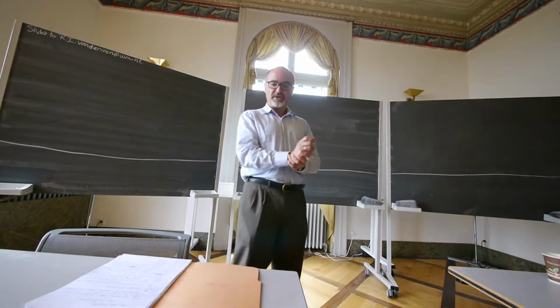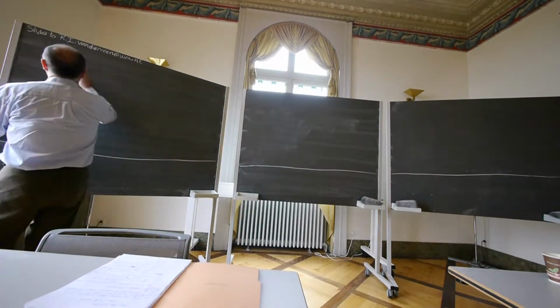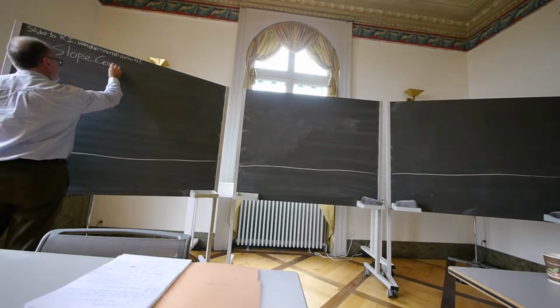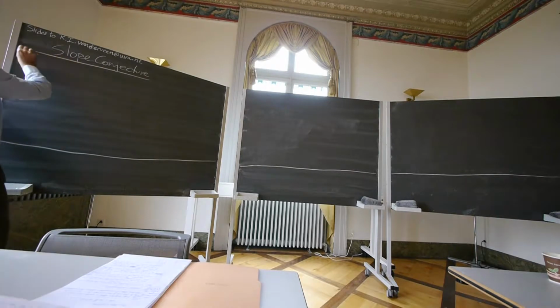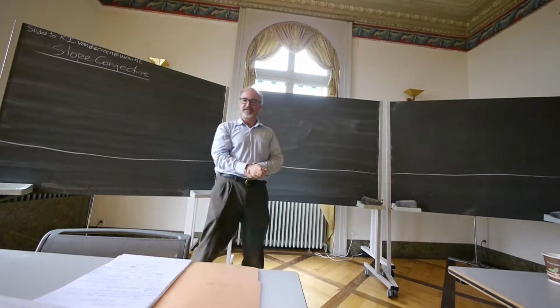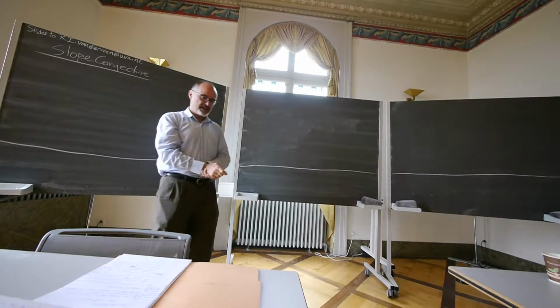So I want to talk about something called the Slope Conjecture. A few years earlier, maybe 3 or 4 years ago, there was another conference here, also organized by Rinat.